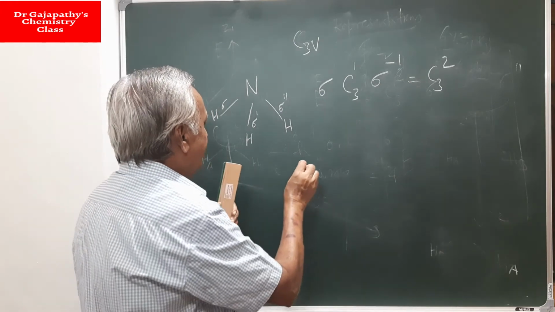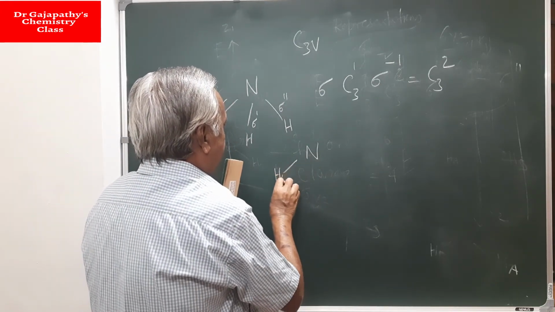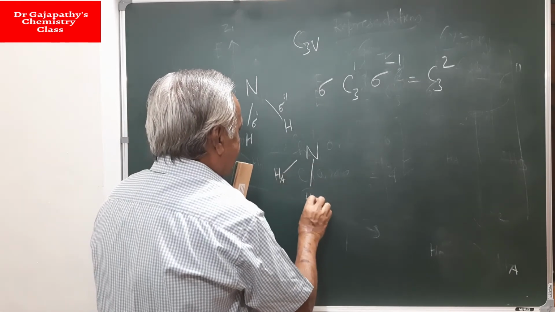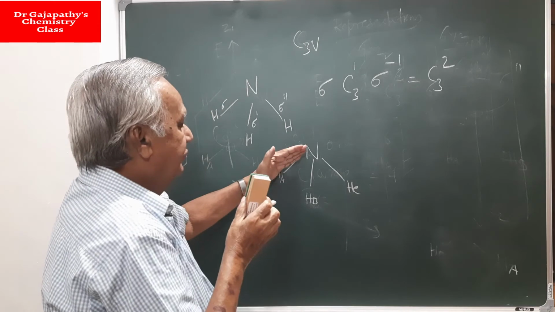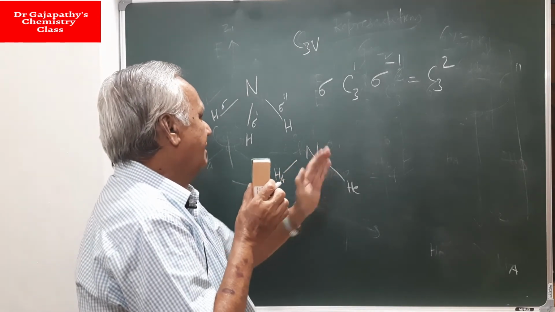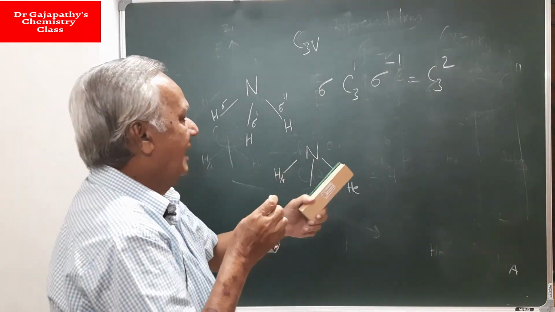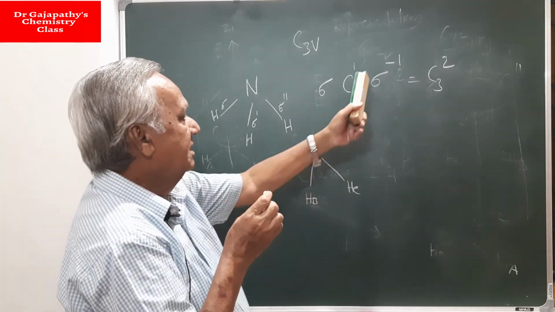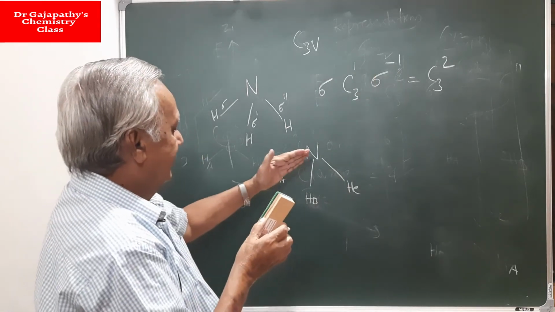This is the molecule. As I told you, again I label these atoms as A, B, C. And don't forget, the left plane is sigma, the central plane is sigma prime, and the right plane is sigma double prime. What am I going to do first? I said it is left justified. First I will do sigma inverse. So I reflect in this plane.